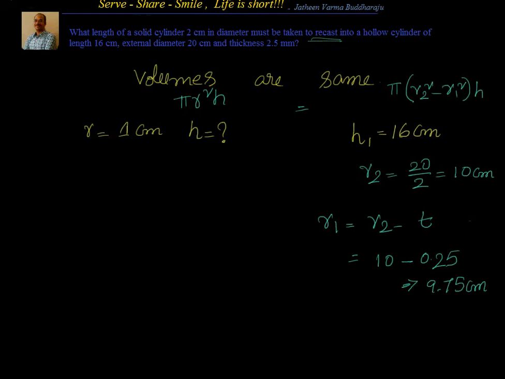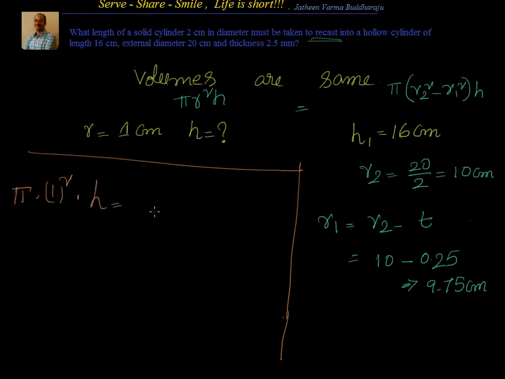So if we equate them, we have pi into R square, that is 1 square, into H equal to pi into R2 square, that is 10 square, minus R1 square, that is 9.75 square, into H1, that's equal to 16.